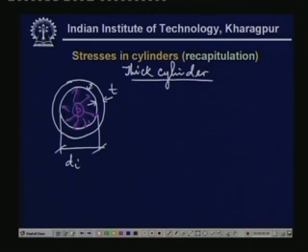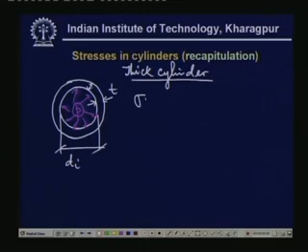Now for the thick cylinder, when it is subjected to internal pressure, the stress distribution is independent of whether the problem is a plane stress problem or a plane strain problem. In such situations, sigma r, the radial stress, is equal to C1 minus C2 by r square.